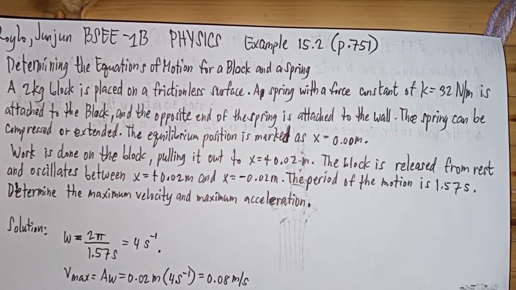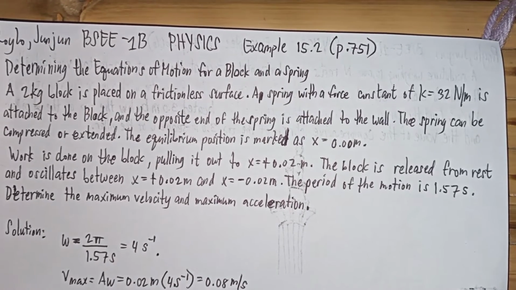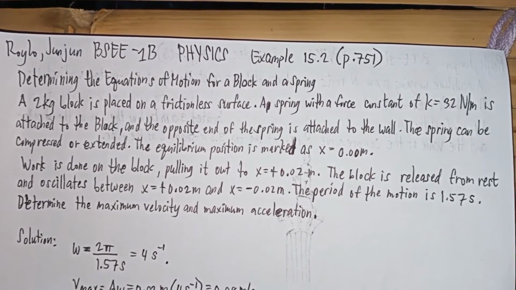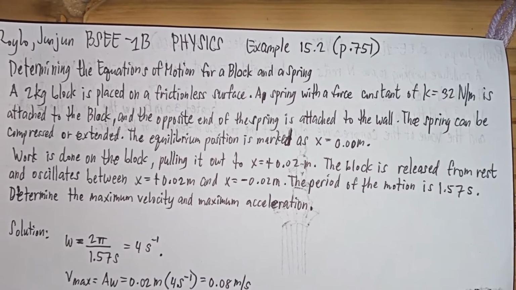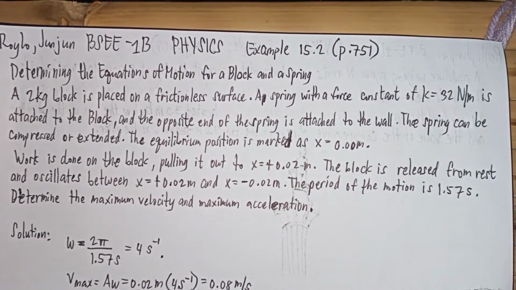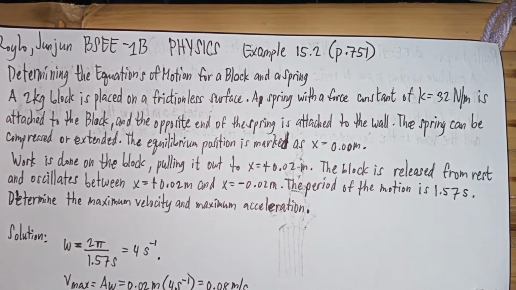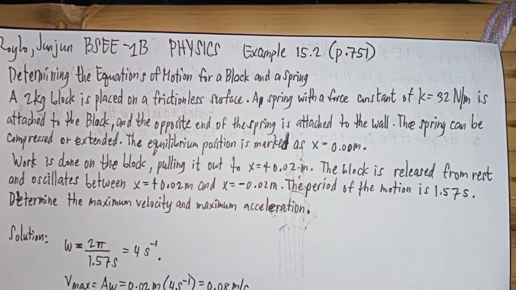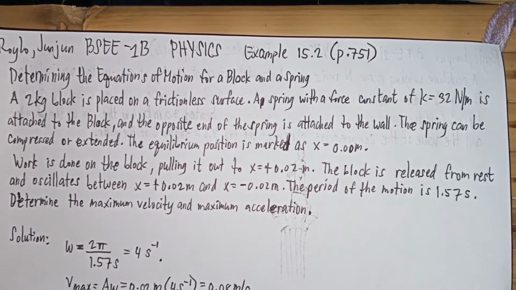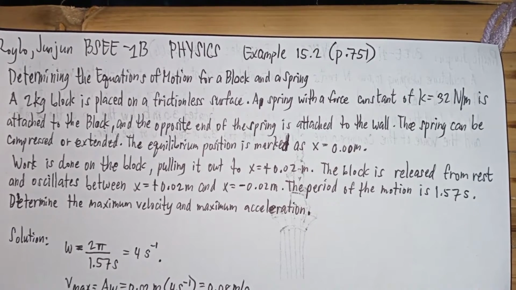The equilibrium position is marked as x equals 0 meters. Work is done on the block, pulling it out to x equals positive 0.02 meters. The block is released from rest and oscillates between x equals positive 0.02 and x equals negative 0.02 meters.